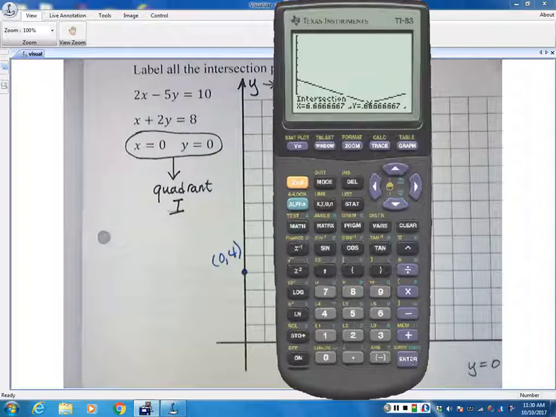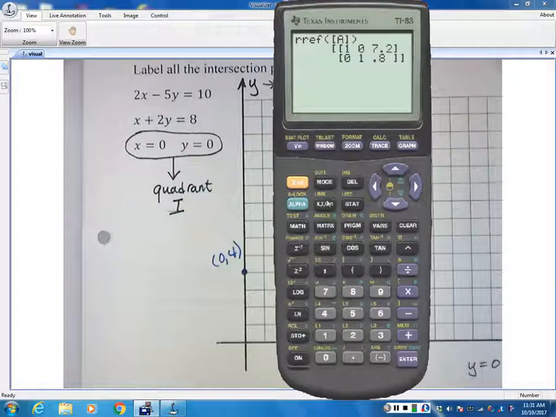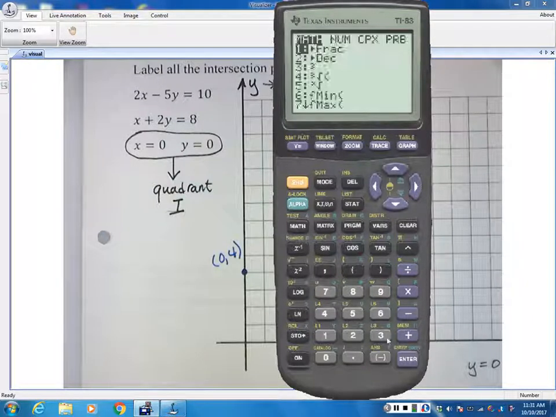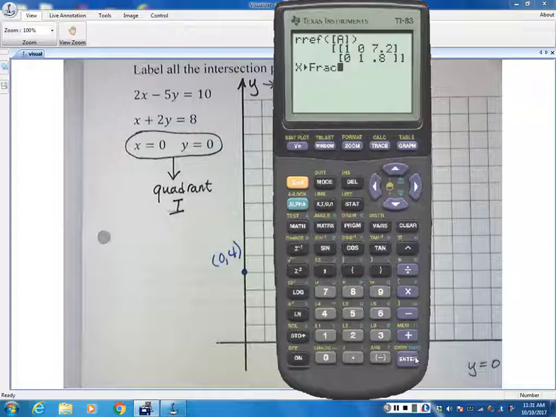But be aware, it's going to give you that kind of number sometimes. Now, if you really would like to know what they are in fractions, you go back to your home screen and ask it to show you x as a fraction. And it tells you it's 20 over 3. So if you do 20 divided by 3, that's the 6.66667.